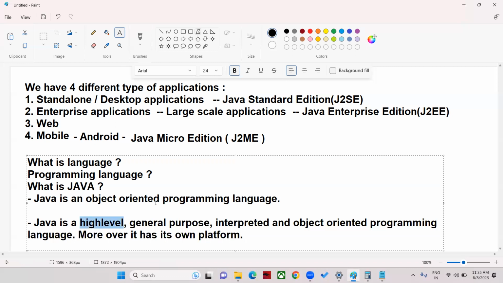So there are a few new words for you, right? Have you come across these words? Anyone?